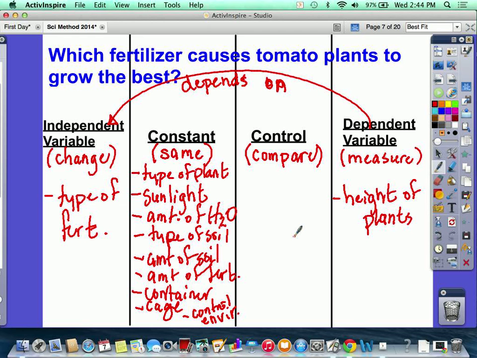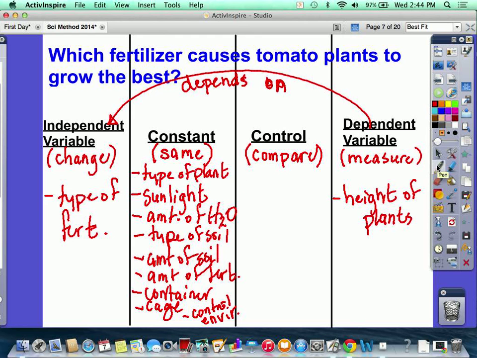How do we know if it's that causing them to grow or it's the fertilizer causing them to grow? Do you think every fertilizer causes plants to grow better? No. I mean, they might say it does, but how do we know? We don't. So we're going to need a group of plants that get no fertilizer.